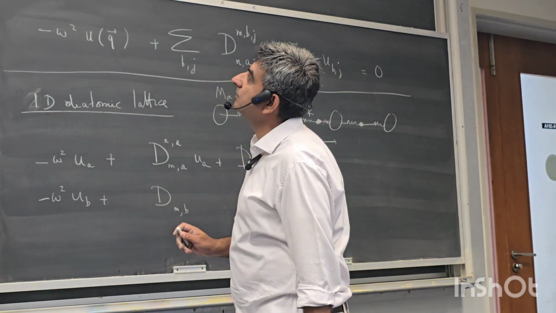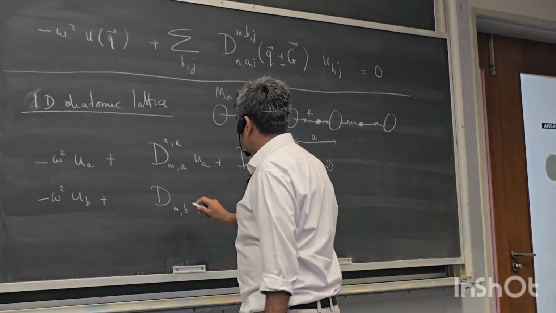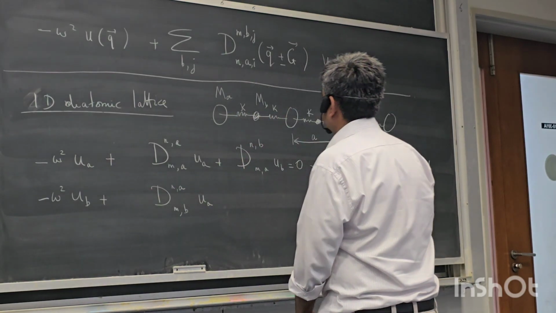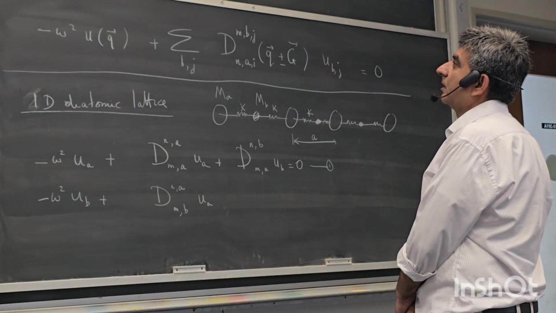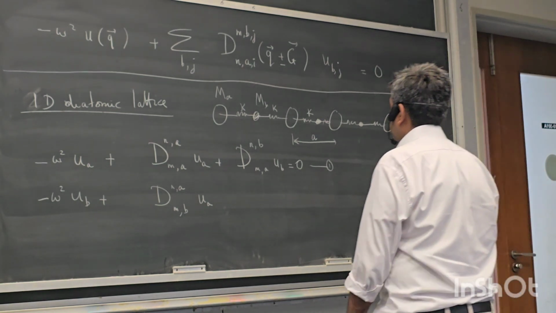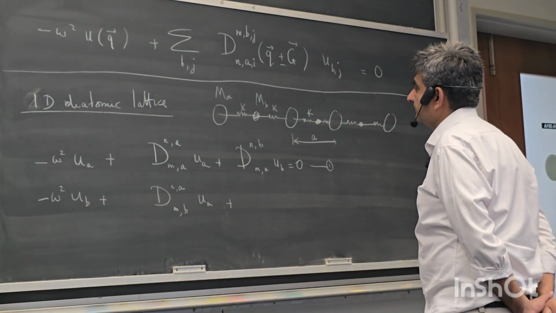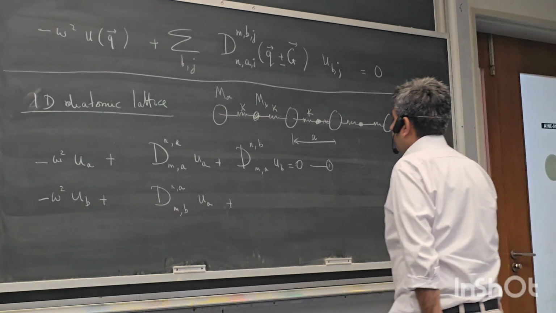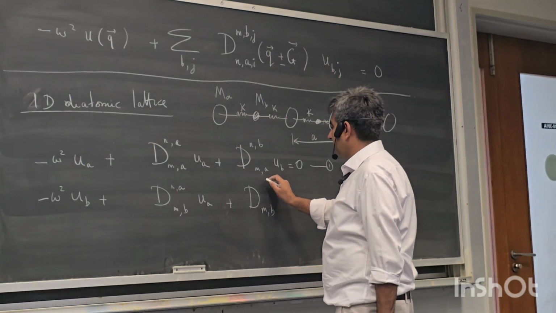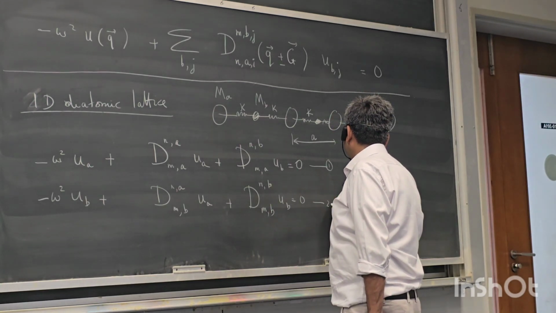sorry, I should write m there, okay. D_MB NA U_A plus D_MB NB U_B. So here are my two equations, right?